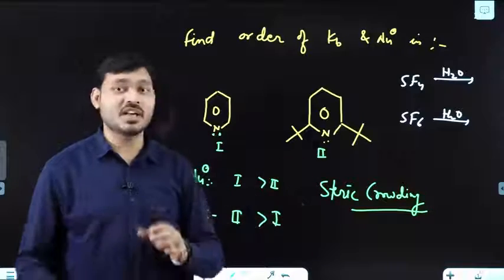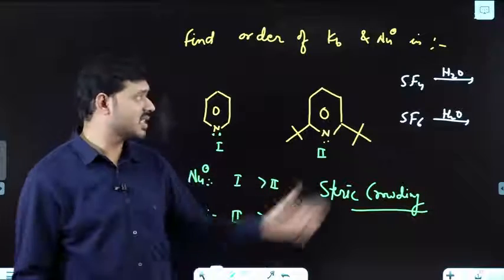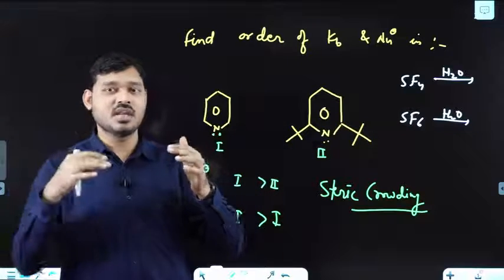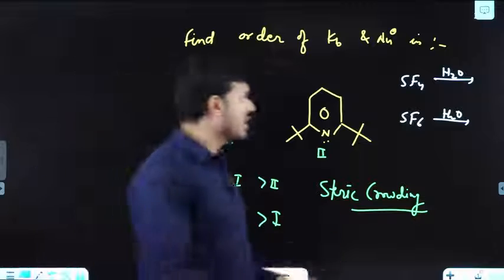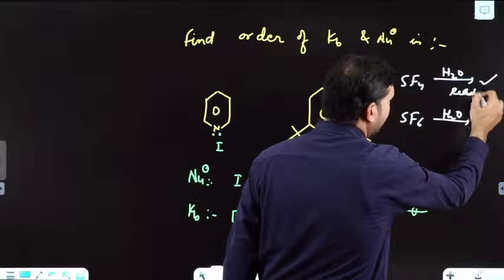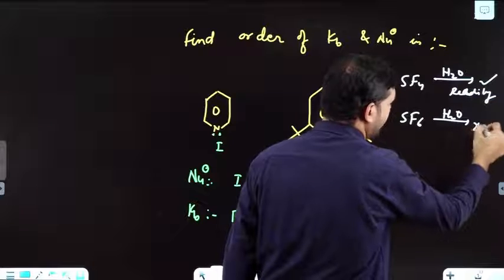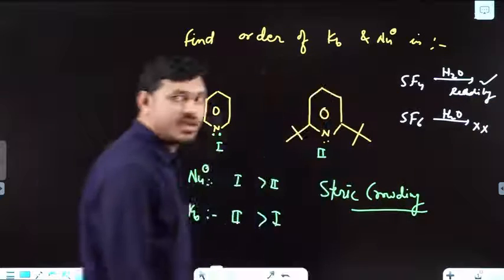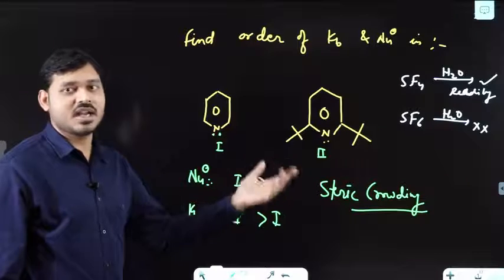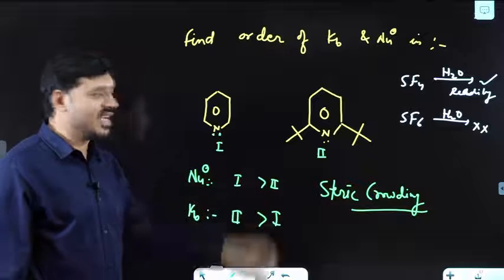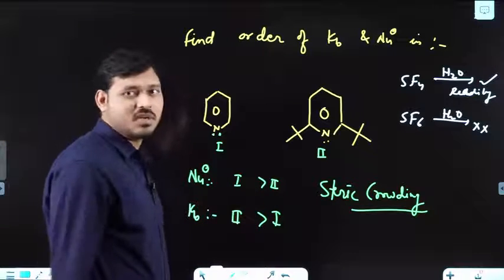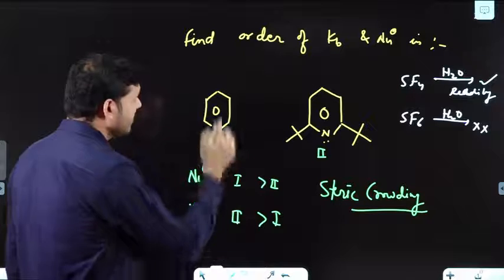It becomes problematic due to the steric hindrance factor. I'm giving one inorganic example so you can imagine it in 3 dimensions. In SF4 it is possible readily; in SF6 it is not possible readily. Under adverse conditions or high temperature it can be made possible, but at room temperature it is tougher. Clear to you all?